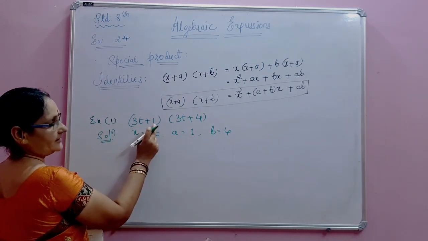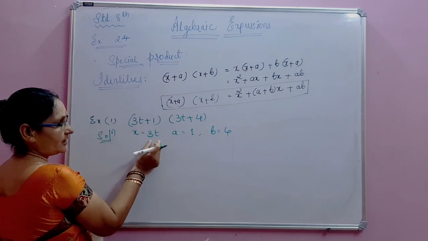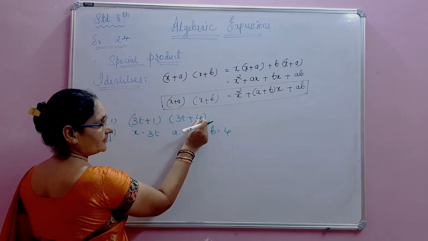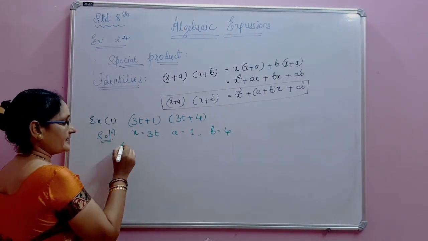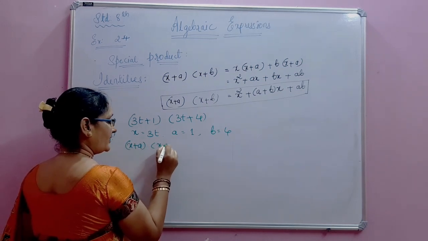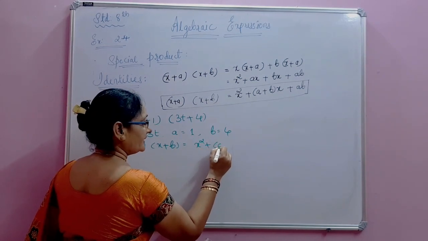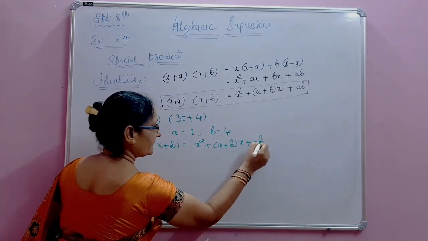(x + a)(x + b). Then what is there in place of x? 3t. What is there in place of a? 1. What is there in place of b? 4. So now we will write the identity. (x + a)(x + b) = x² + (a + b)x + ab.